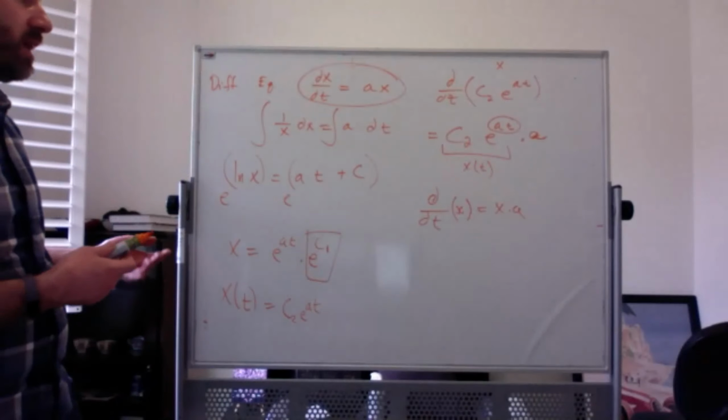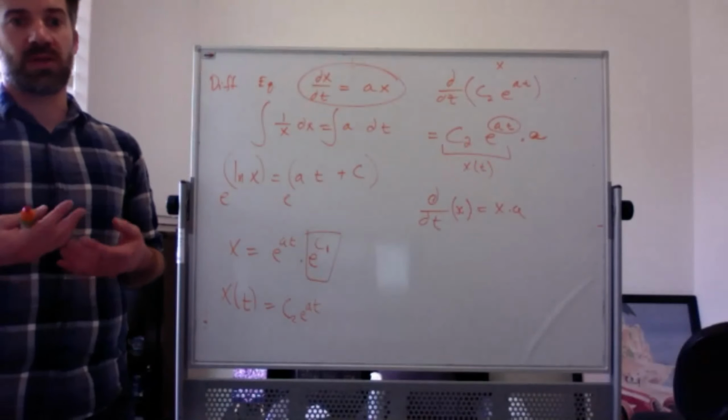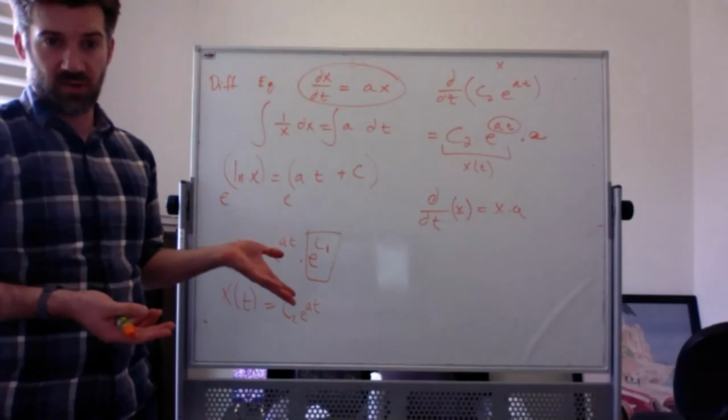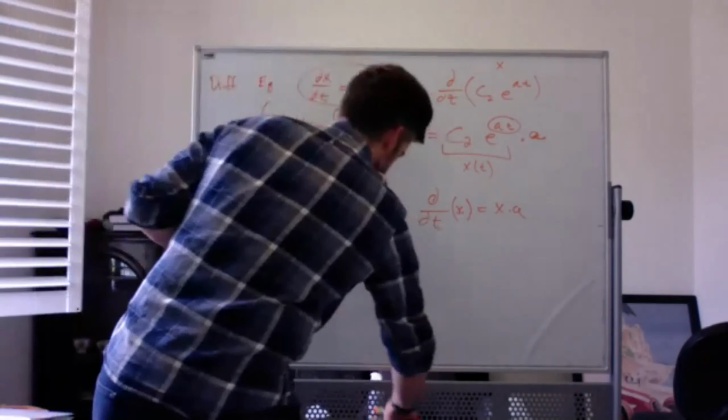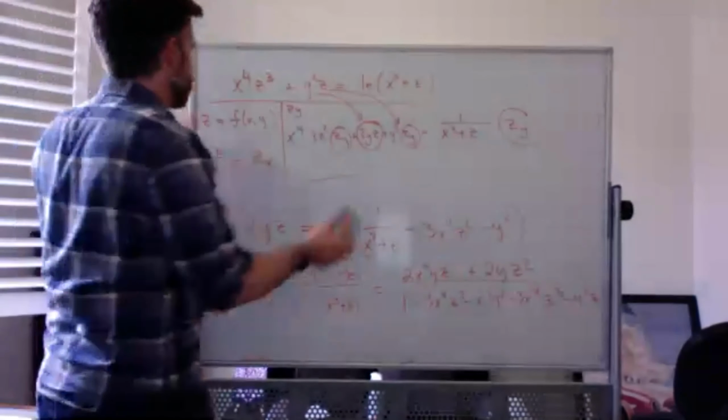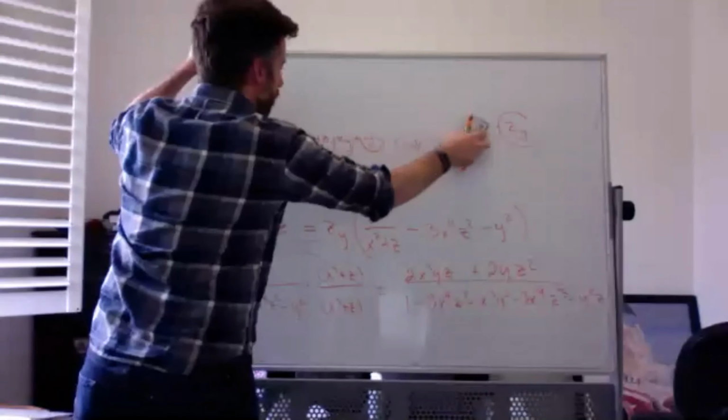So the idea moving forward is that we're going to solve multiple systems of linear differential equations. Specifically, two systems and two equations. So here is an example of that.